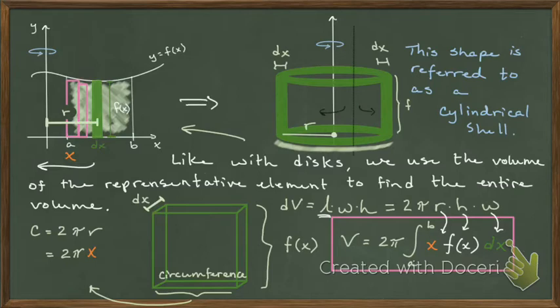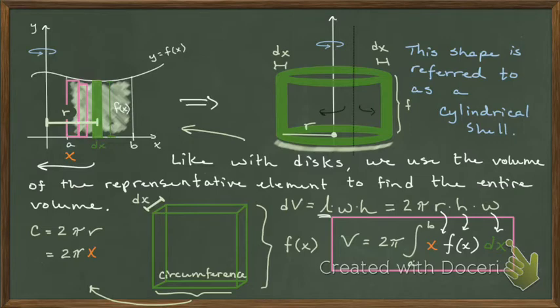You have to be flexible here, and I want you to think about, instead of x, f of x, and dx, r, h, and w: radius times height times width. The width is just about always going to be a dx or dy, depending on how our slice is defined or drawn. The height is usually going to be the function. It depends on the region we're working with, and the radius can change depending on the axis of rotation.